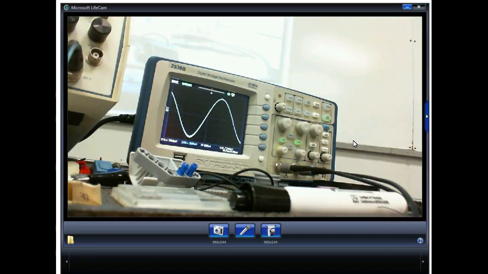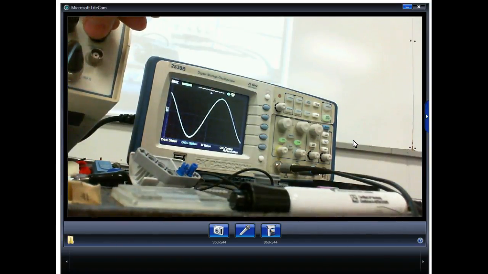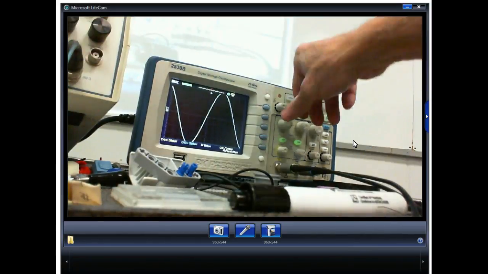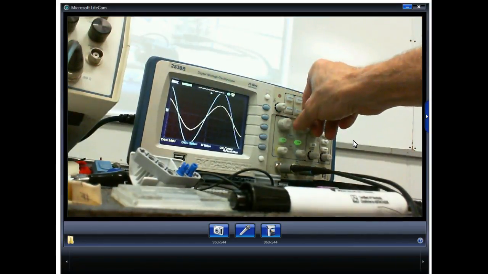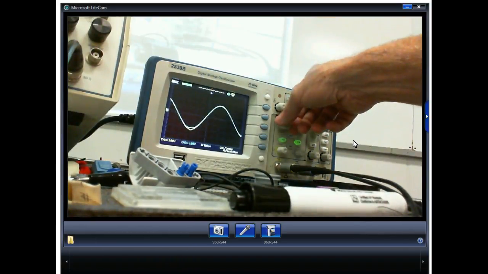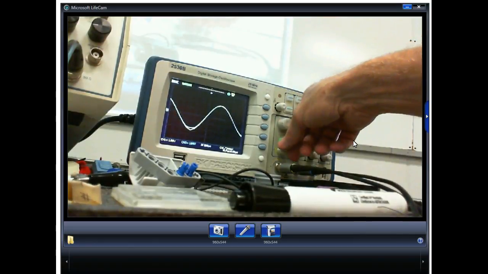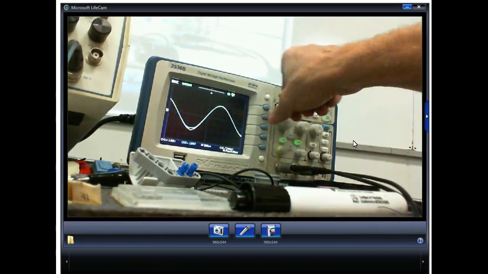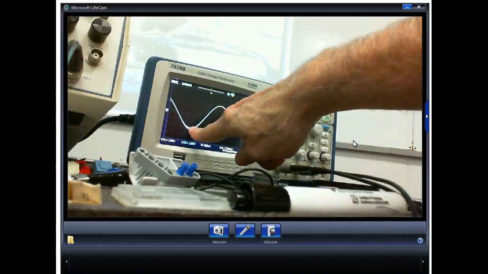I'll have to think about this guy. It looks like it's R2. If we open up the 39K, that should drive it towards saturation, which means it should clip on one side. We're pretty much well driving it as much as we can. Yeah, so this is overdriving it.